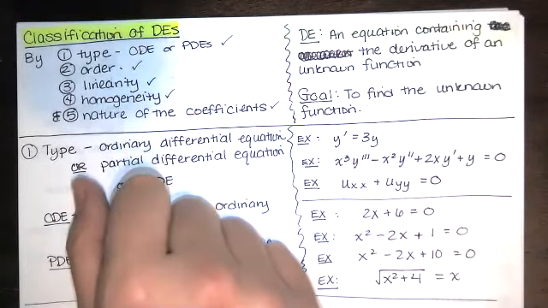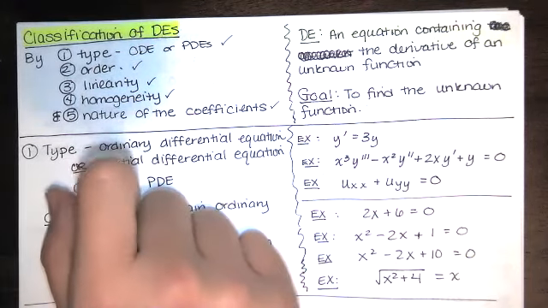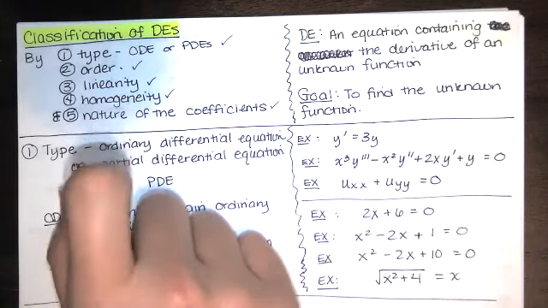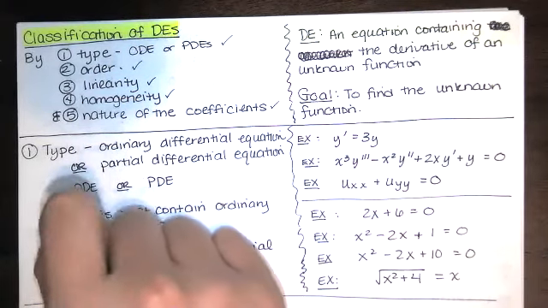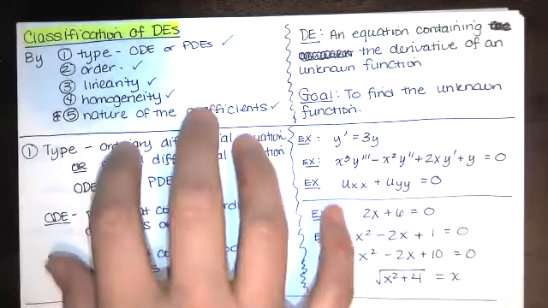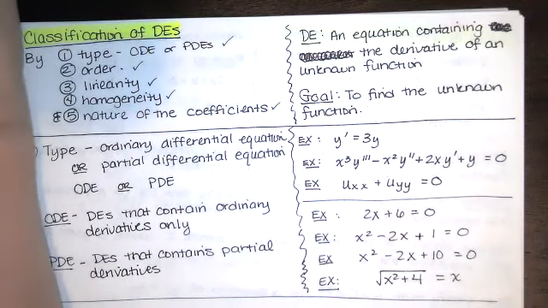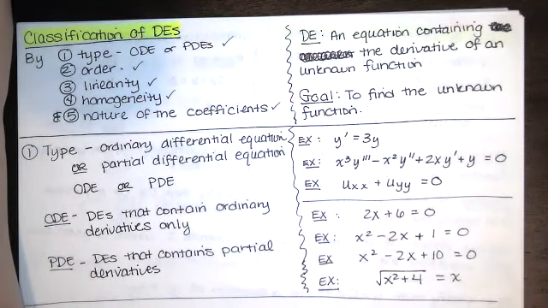We're only going to solve ODEs in this class. The order determines which methods are appropriate. Homogeneity determines which methods are appropriate, and the nature of the coefficients also determines which methods are appropriate. So make sure you're comfortable with all of this terminology and with classifying differential equations by these characteristics.